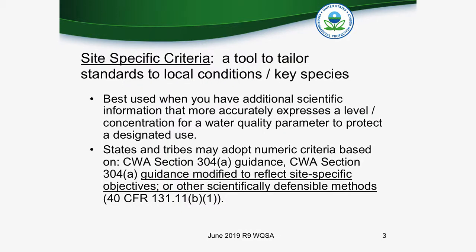Okay. So site-specific criteria is really a tool to tailor the standards that we came up with, or your state came up with, and to make them more accurately express the uses and the water quality types that you have in your region, in your state.